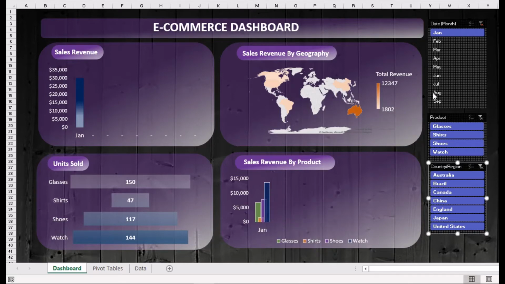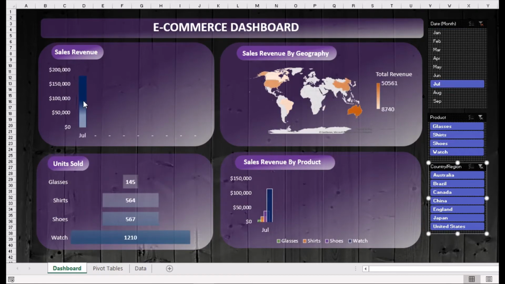Let's see this on the date of July. Alright, in July we have a total sales revenue of around 1,77,000. We sold 145 glasses, 567 shoes, 1210 watches, and Australia is still in the limelight. 50,561 was the highest revenue, recorded from Australia, and the lowest revenue was 13,540 from Brazil.